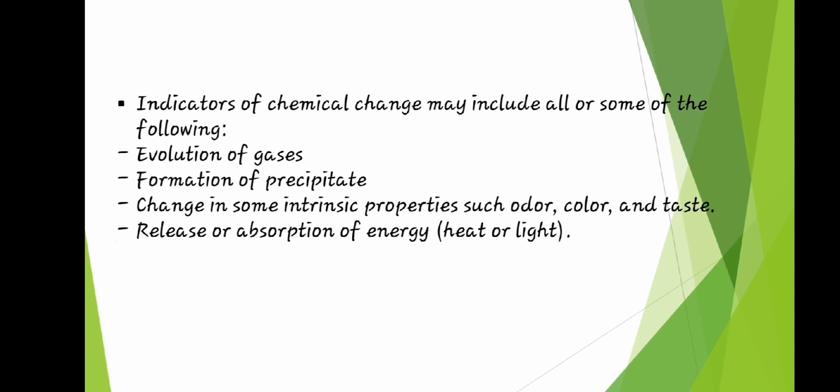By means of indicators. And what are those indicators? We have evolution of gases, formation of precipitate, change in some intrinsic properties such as odor, color, and taste, and of course, release or absorption of energy like heat or light. Okay, so that explains the indicators of chemical change.